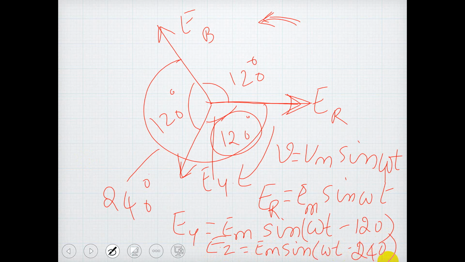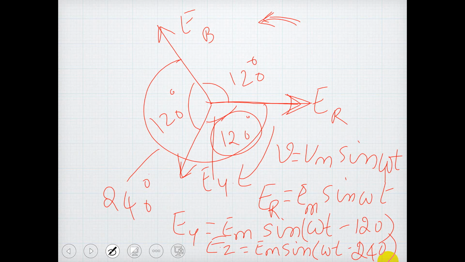That is with reference to ER. So let the three coils be rotating in the anti-clockwise. Considering that, we write the voltage equation this way. The equation for the induced voltages in a three-phase system.